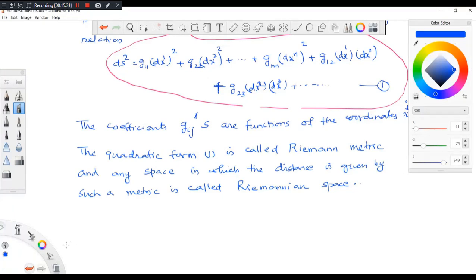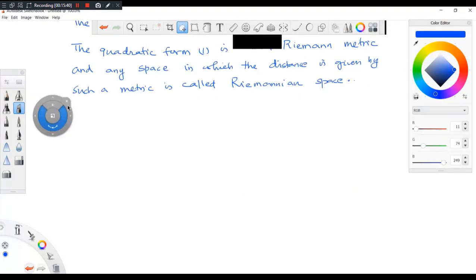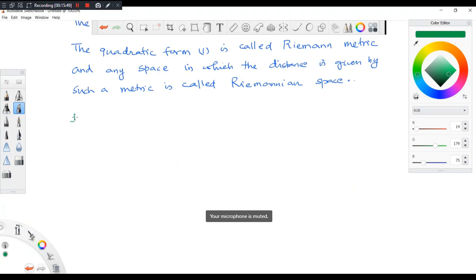Now, suppose I want a particular case of that. From this, I can derive the Euclidean space.